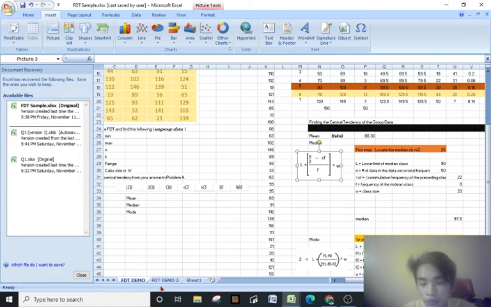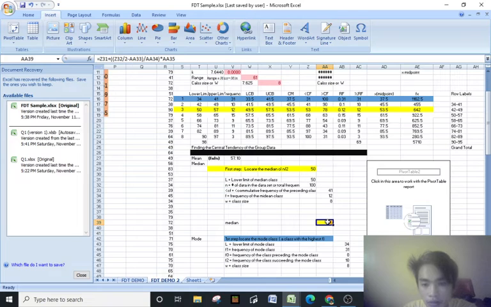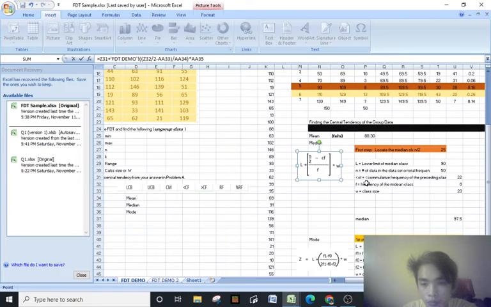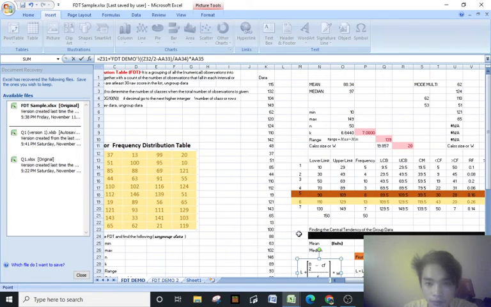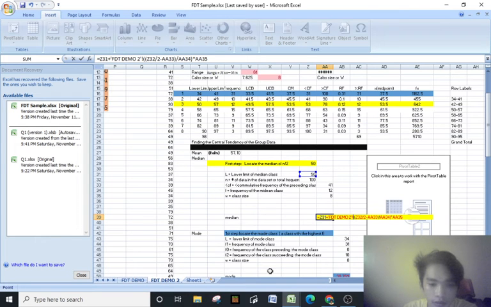So the cf is 41, minus 41, then divided by 12, the frequency, then multiplied by 8, the class size.